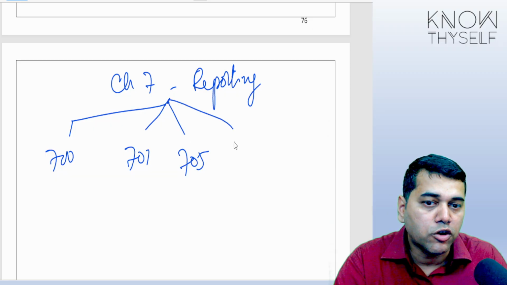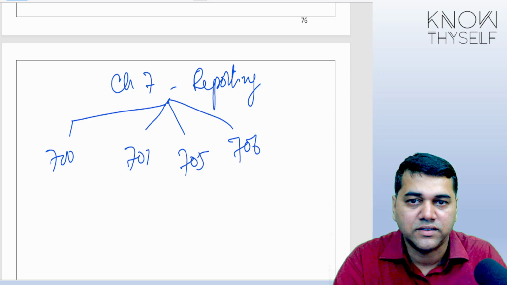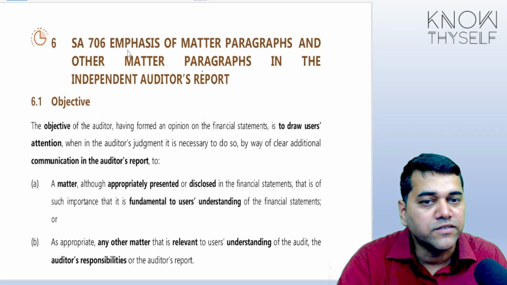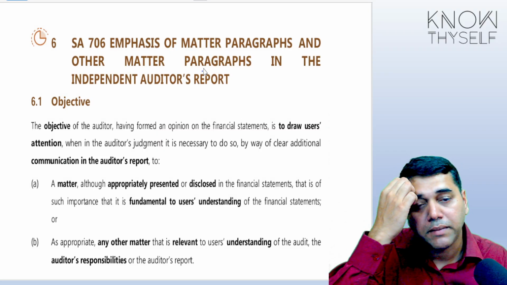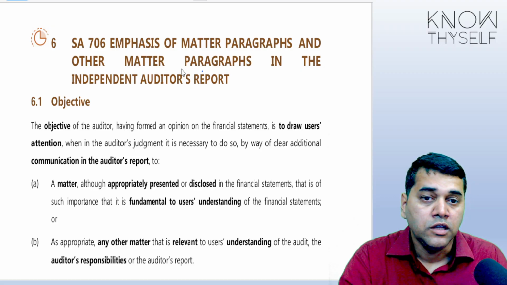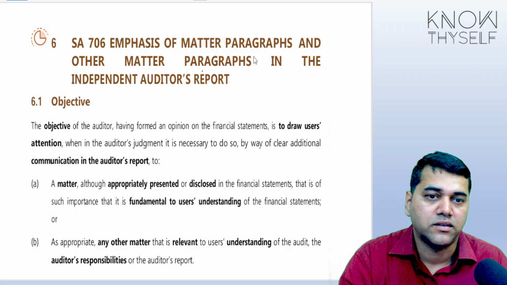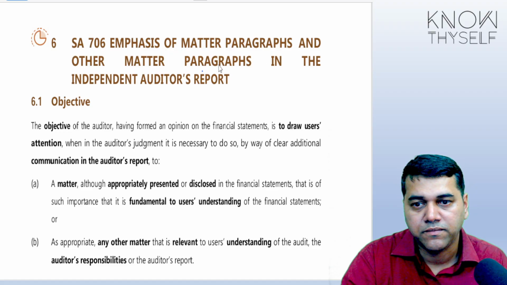So now we will talk about SA 706, which is nothing but emphasis of matter and other matter paragraph. So what is that emphasis of matter paragraph and other matter paragraph?